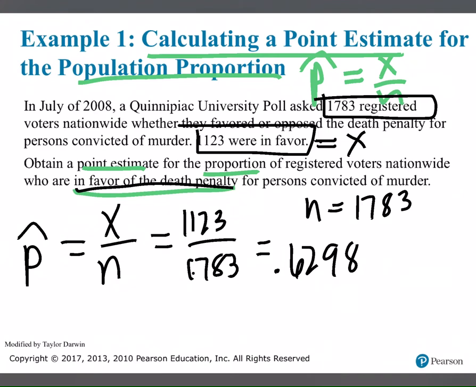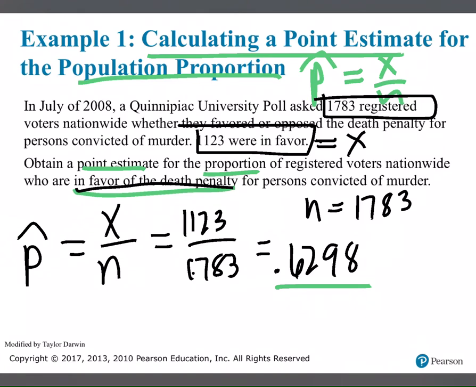So, what is this? It doesn't say a specific place, so it's people who were in favor of the death penalty. This value may not be exact because we only asked 1,783 people, but it gives us a good idea of how many people are in favor if we did the sampling in a good way.